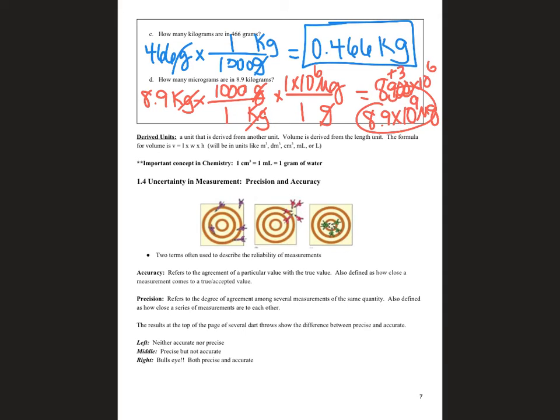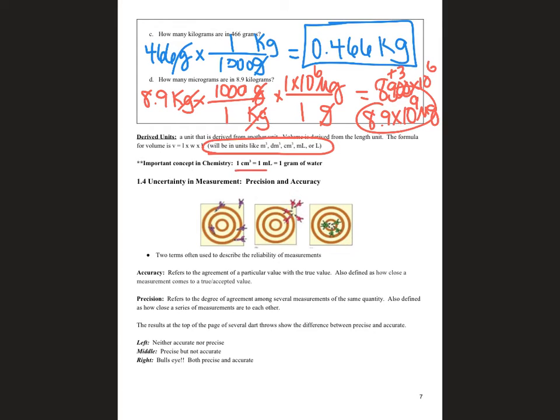Another thing that I threw in here, just so you guys know, we deal with derived units. We may have to find density. We may have to find volume. There are different units that you're going to see for volume. You may see meters cubed, decimeters cubed, centimeters cubed, milliliters, or liters. We'll be using all of these.